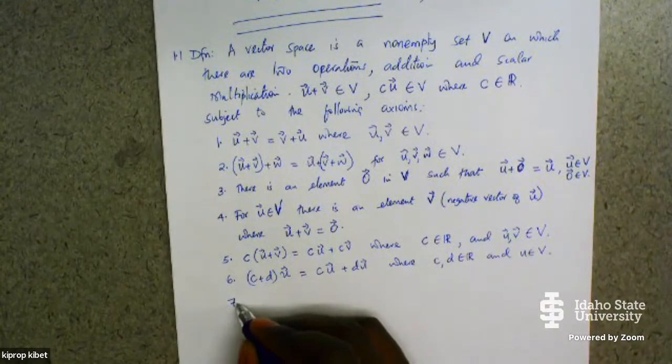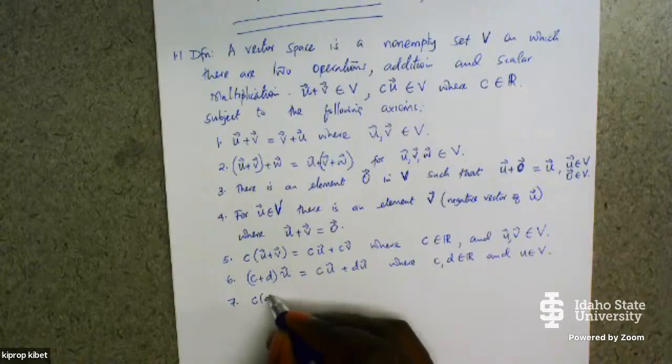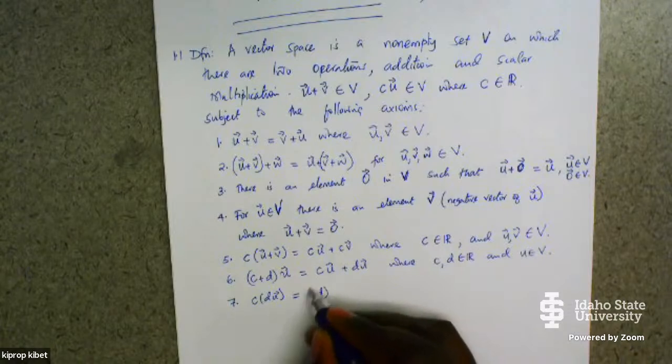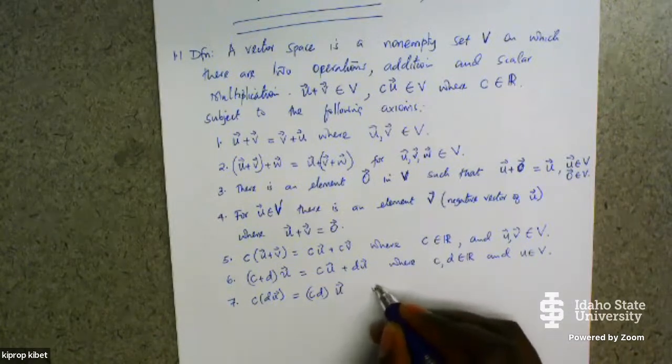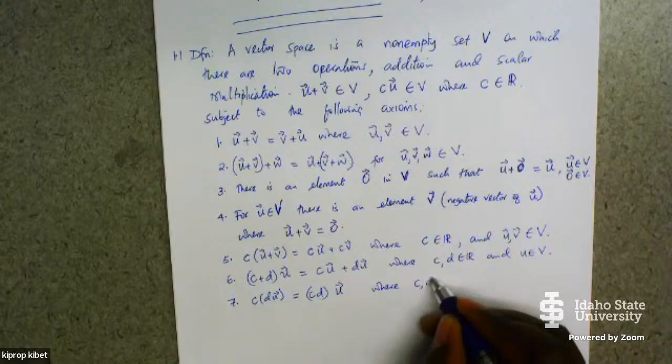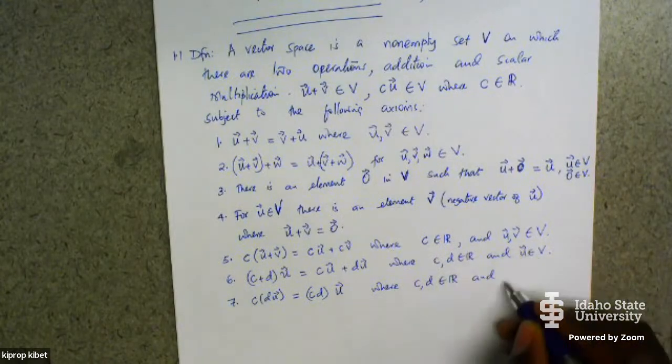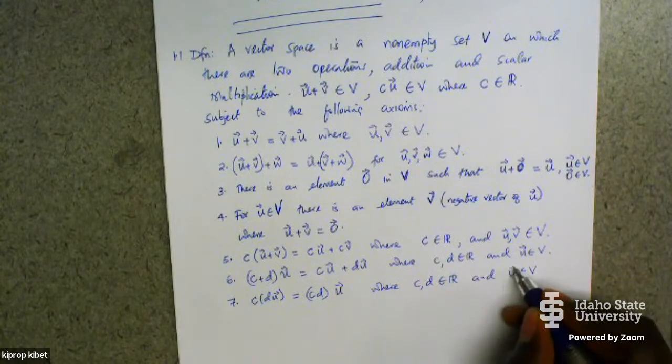Number 7, c(du) is the same as (cd)u, where c and d are elements of the real numbers and u is an element of the vector space.